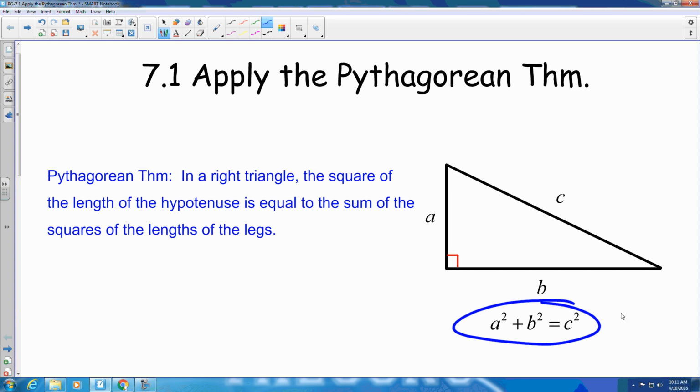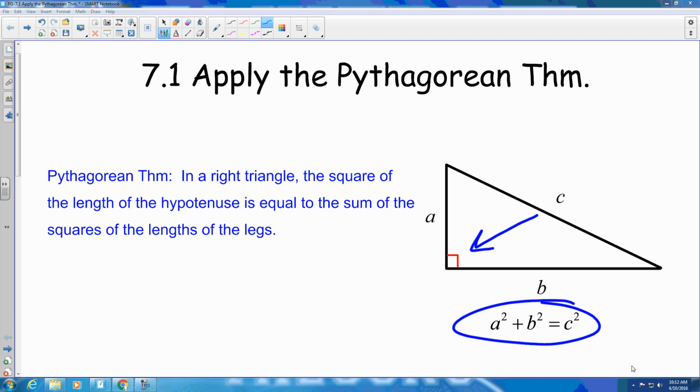Just a quick review, we always know where the hypotenuse is because it's always the opposite side length to our 90-degree angle, and then the legs of our right triangle are always attached or touching that said right angle.